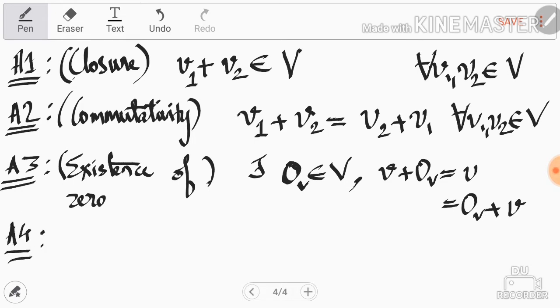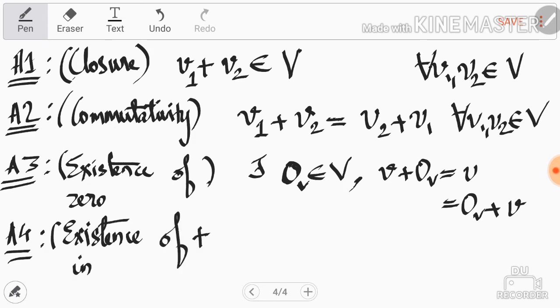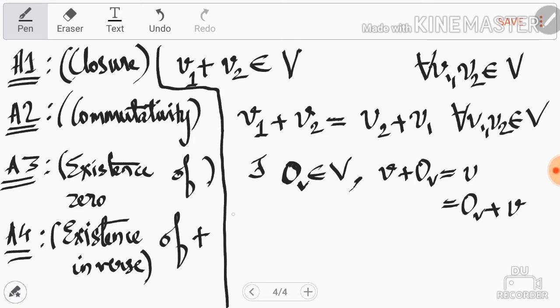The fourth property for addition is the existence of the additive inverse. What does this mean? This simply means that whenever you have any vector V belonging to the vector space, you can always come back to the original position from where you started.